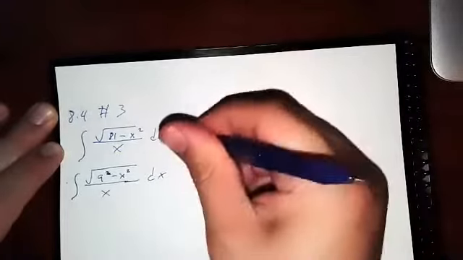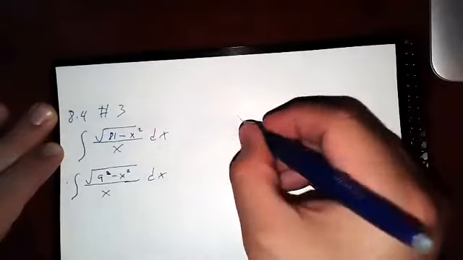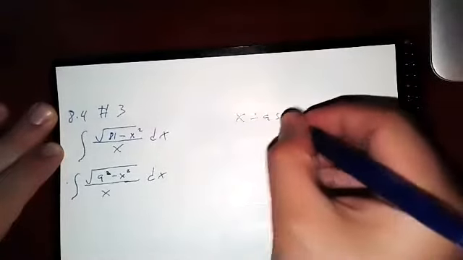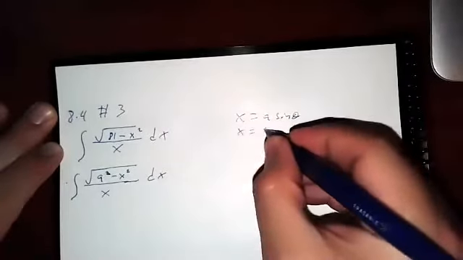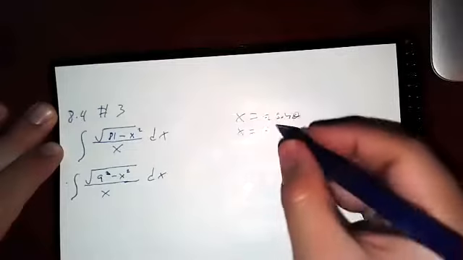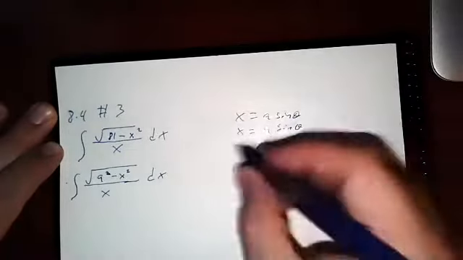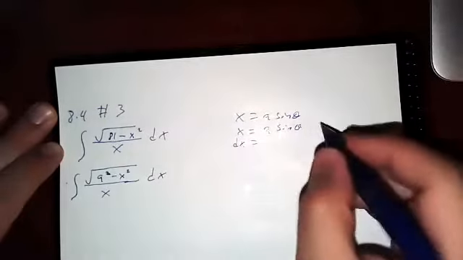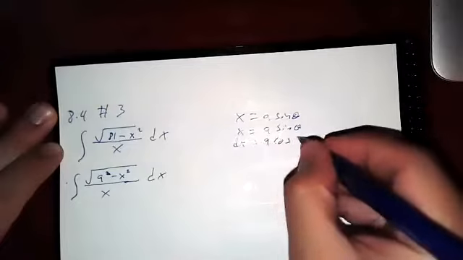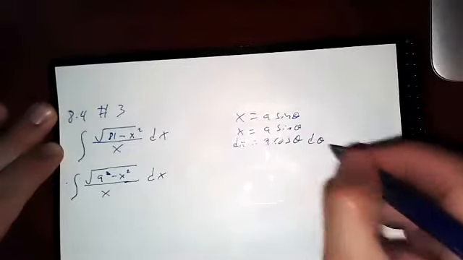All right, so my A is 9. So we're supposed to use the x equals a sine theta, which means that x is equal to 9 sine theta, where dx would be derivative of this, 9 cosine theta d theta.